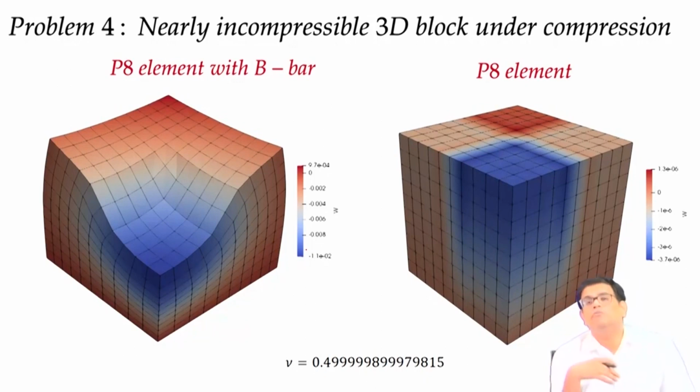For instance, the most general way to solve this kind of locking problem is to use the hybrid or mixed formulation, where stress or strain is also interpolated independent of the displacement interpolation.